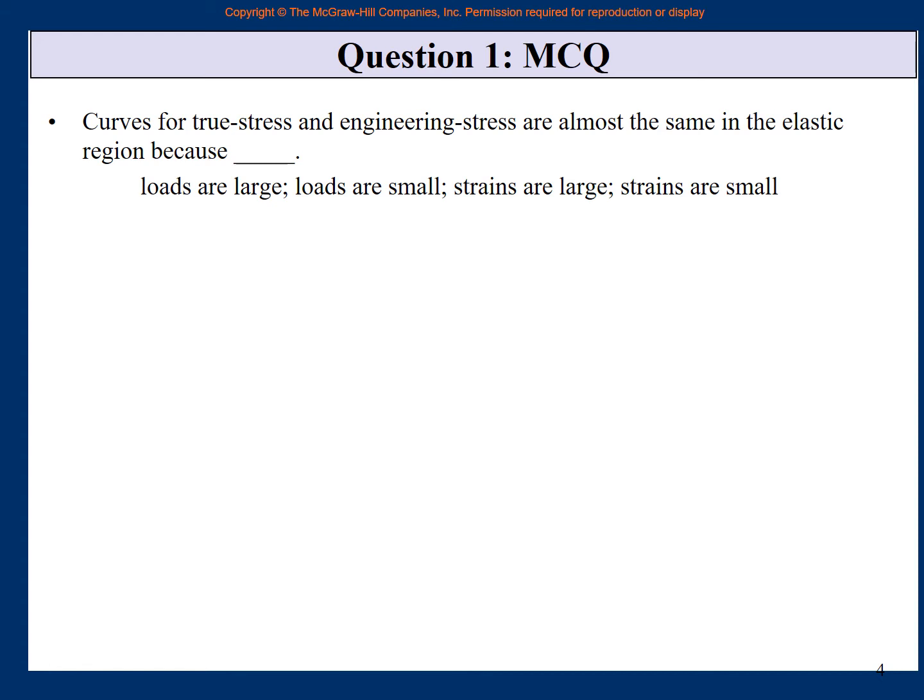Strains are small. When it is in the elastic region, strains are very, very small. So on the horizontal side, there is very small distance, and in that very small distance the straight lines almost 100% coincide. So your answer is strains are small. This is the reason that true stress and engineering stress curves are the same in the elastic region.